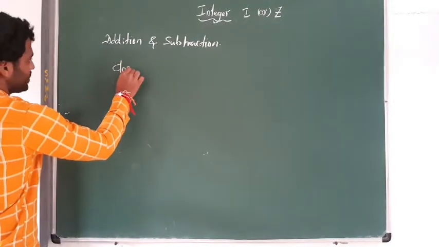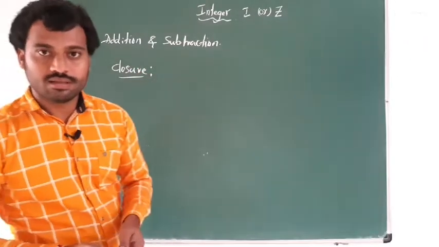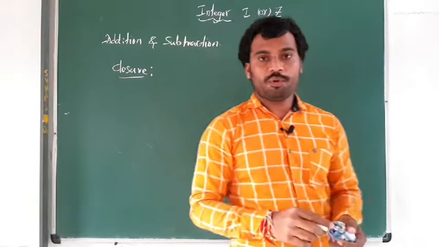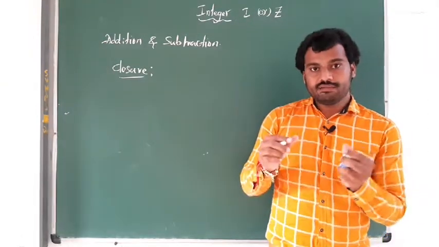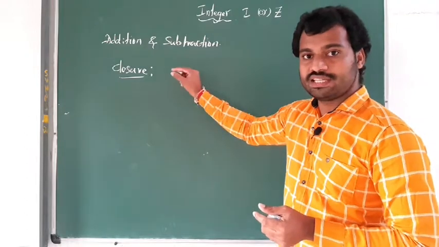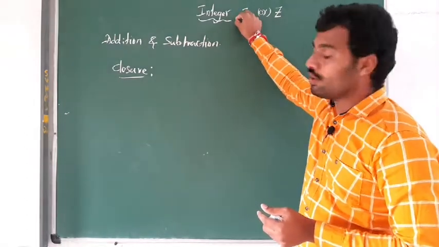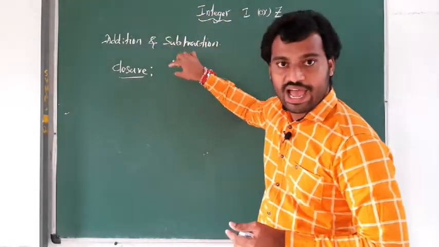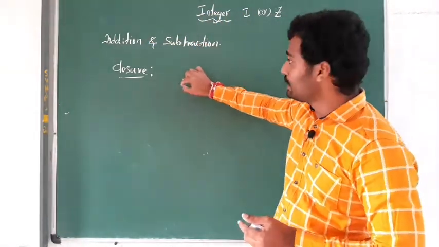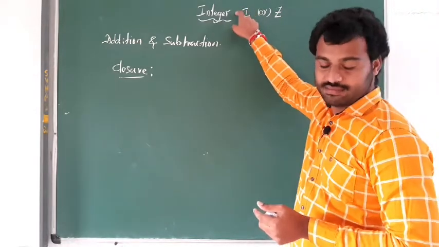The first property is the closure property. Clear or not? Closure property means what? The elements you take should be in the integers. Under addition, we should add those two elements, and the result should belong to the same integer set.